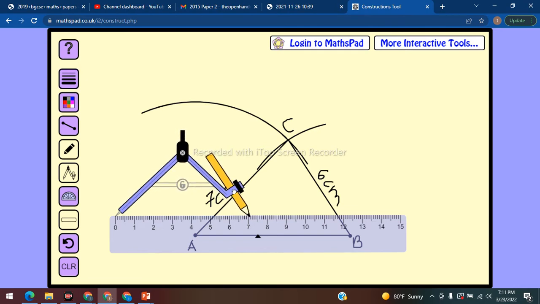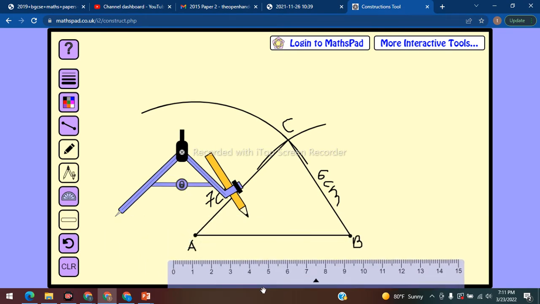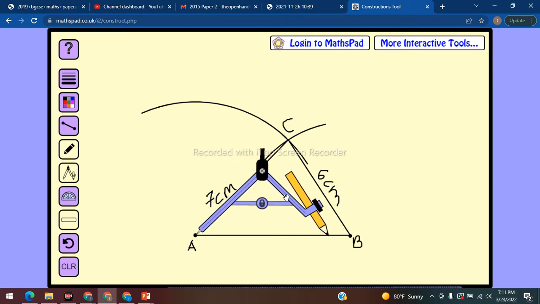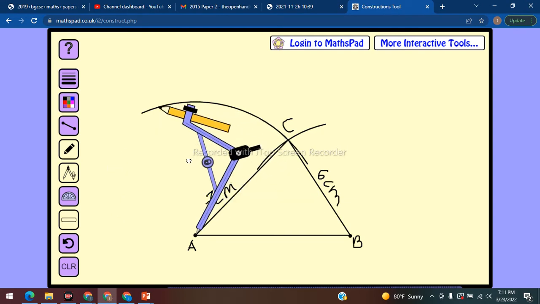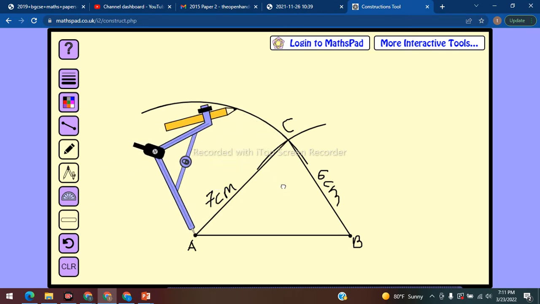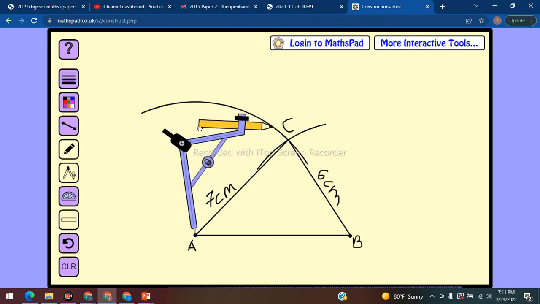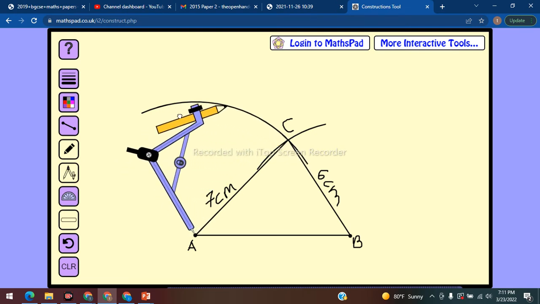Once I get to 7, I lock it. Then I go to the point A, and then I draw an arc. That's the arc there. That's how I got that.